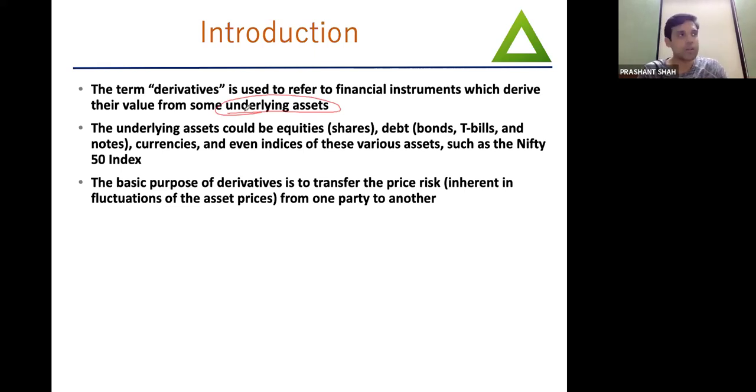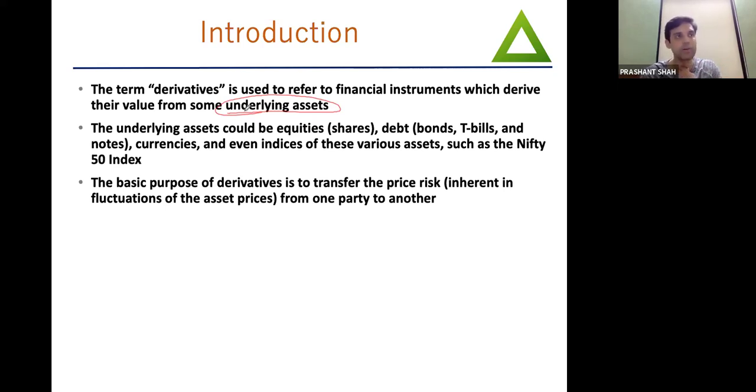Nowadays, understanding futures, forwards, options is general knowledge, but still we are trying to get a little bit deeper into that. So the underlying asset could be equity shares. We are talking about a product which has a value derived based on some traded asset. It could be equity shares, right?